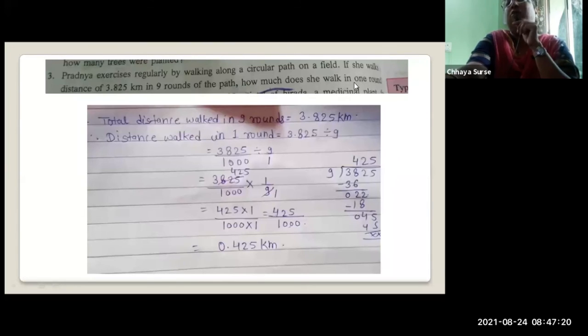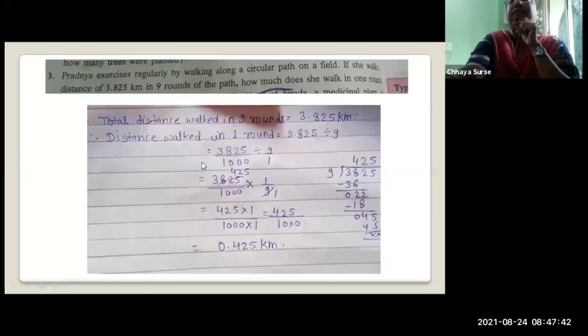Why did we divide here? Because we want to find the 1 round and the information is given about the 9 rounds. If you have to find about the 1, and the information is given about more than 1, then you have to do the divide.